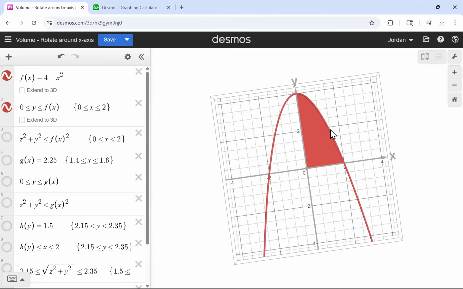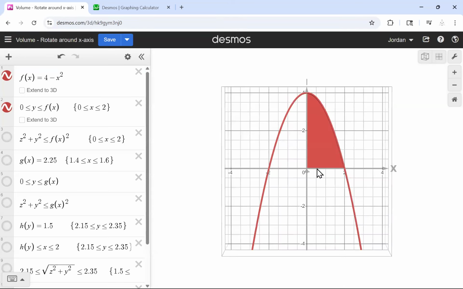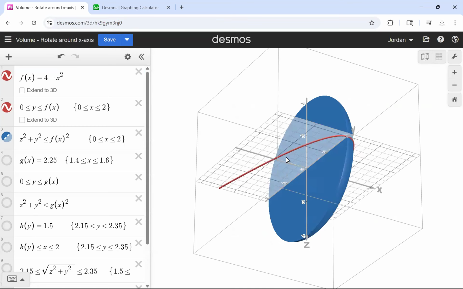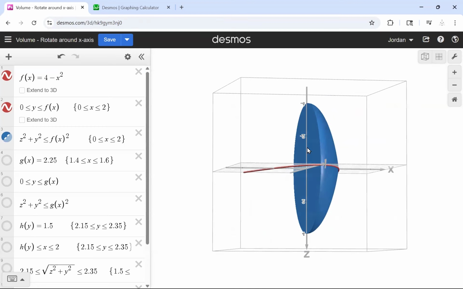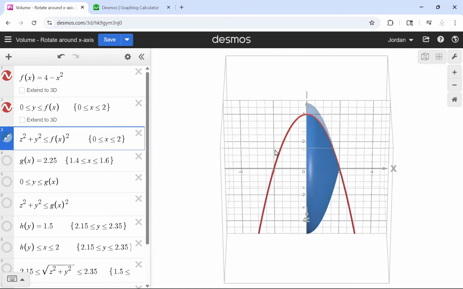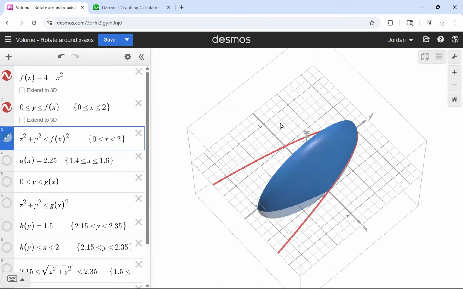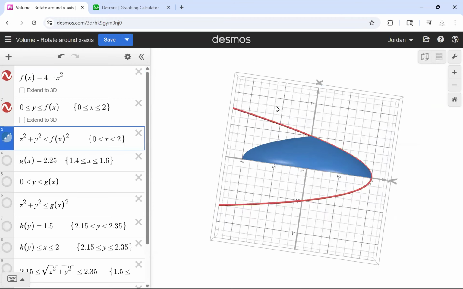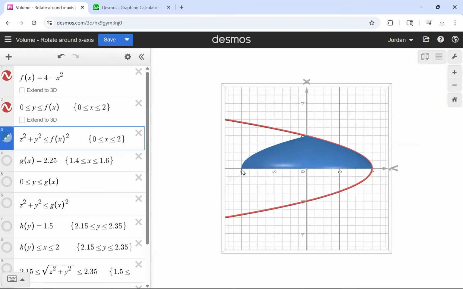Just so we've seen the three-dimensional version of this, obviously this is the two-dimensional region that we want to rotate around the x-axis. If I want to rotate that around the x-axis, what we get is this three-dimensional object here that, if you put it this way, looks like, I don't know, a Hershey's Kiss almost, or something weird.